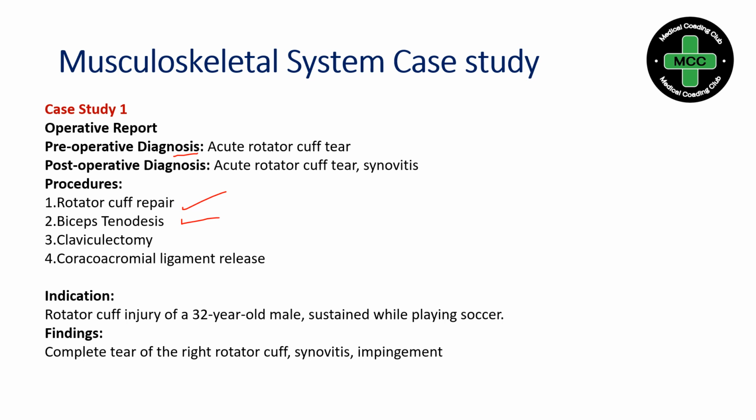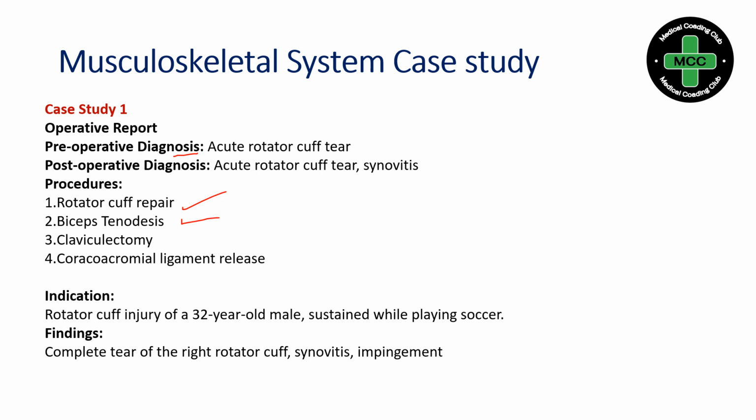Next, biceps tenodesis is a reattachment of the biceps tendon to the humerus to relieve pain and improve mobility. Then claviculectomy is a partial or complete removal of the clavicle, that is the collarbone. It is usually done for patients who have a fracture or maybe arthritis.